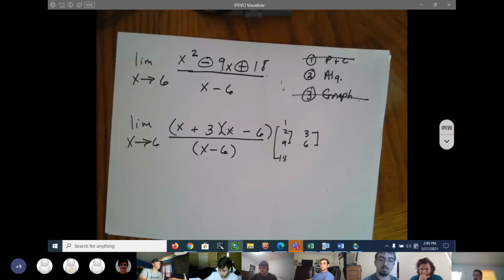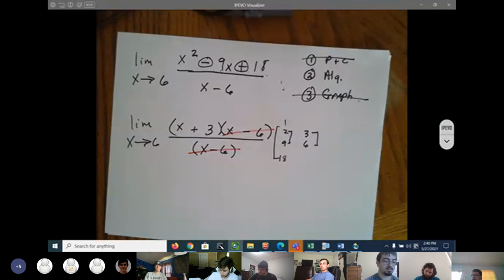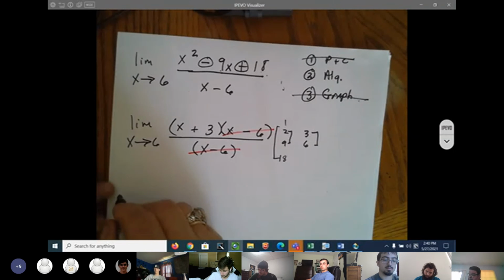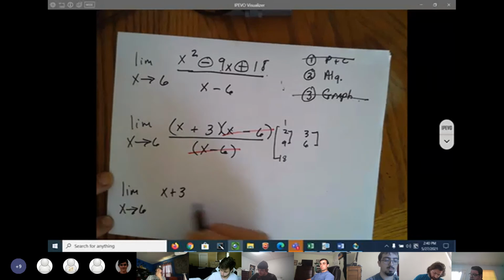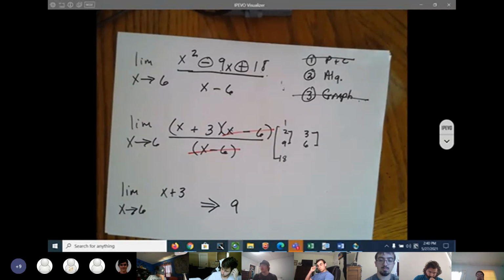And we find out that the x minus 6's do what? Cancel. And you're left with the limit of x approaching 6 of x plus 3, which gives us a y value of what? 9.